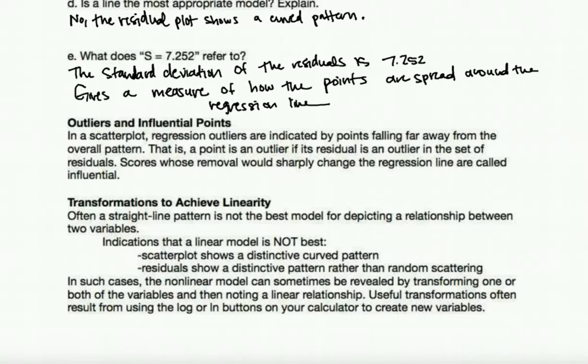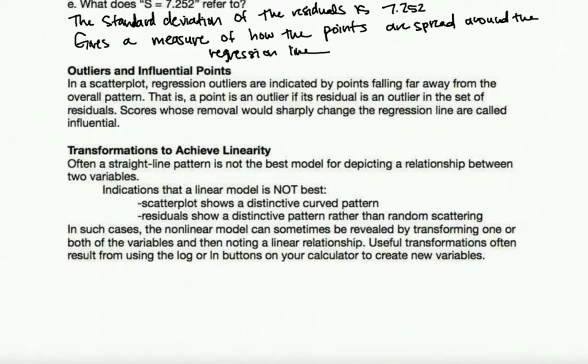We've looked at a couple of examples where the straight line pattern maybe was not the best model for depicting a relationship between your two variables. Sometimes the indication that the linear model may not be the best is if your scatter plot shows a distinctive curved pattern, or if your residuals show a distinctive pattern rather than the random scattering that you need. In such cases, the nonlinear model can sometimes be revealed by transforming one or both of the variables, and then you can use a linear relationship.